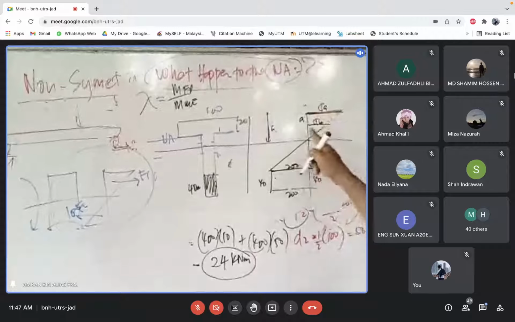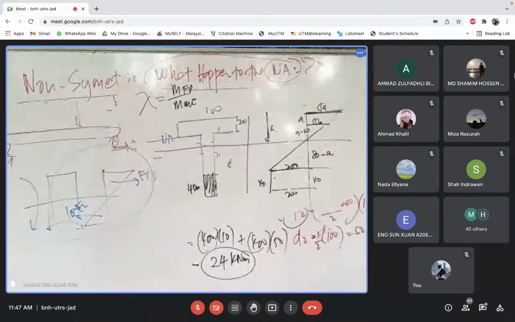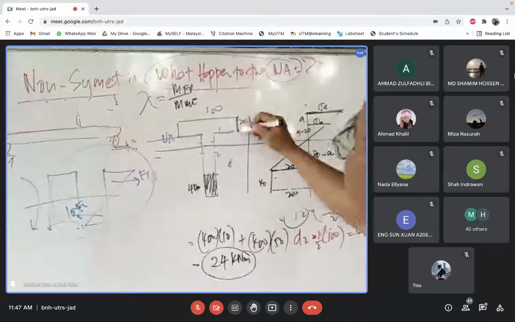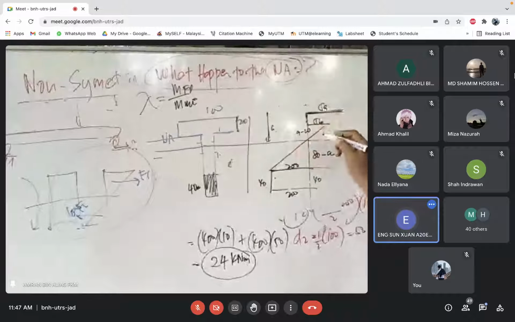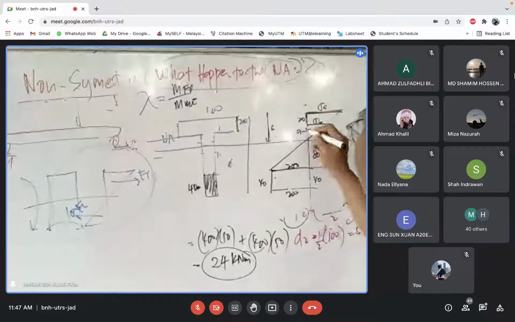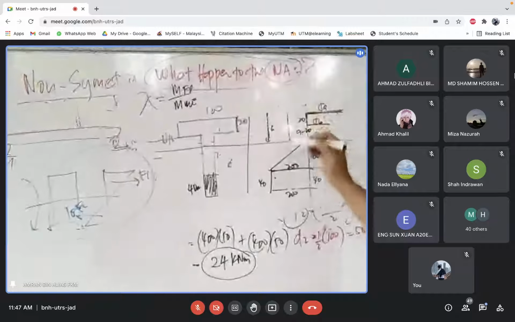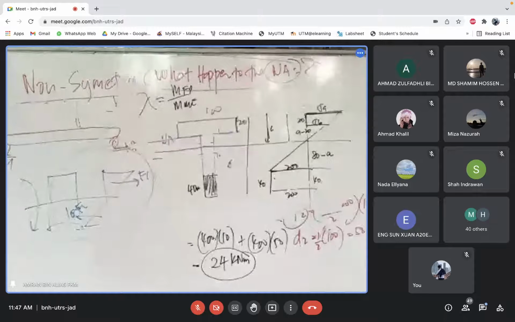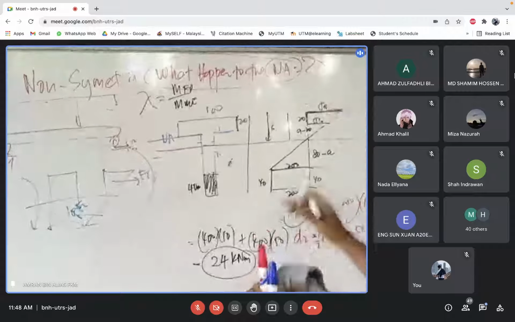This must be A minus 20, right? Because this is 20, the top part should be 20. This is A minus 20, right? The length here is A, right?